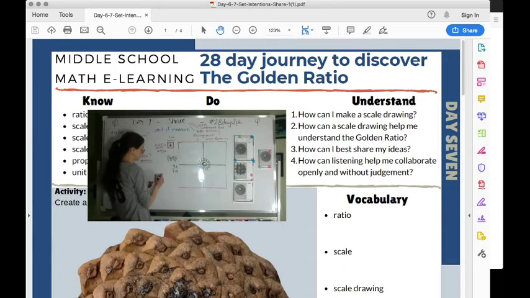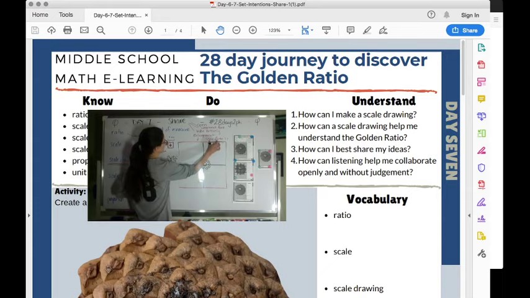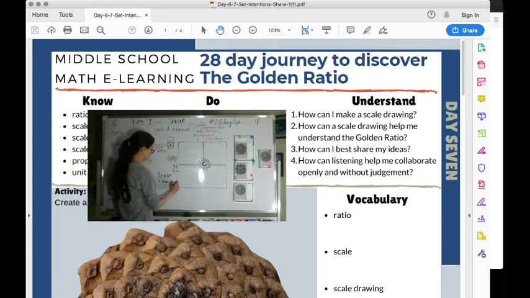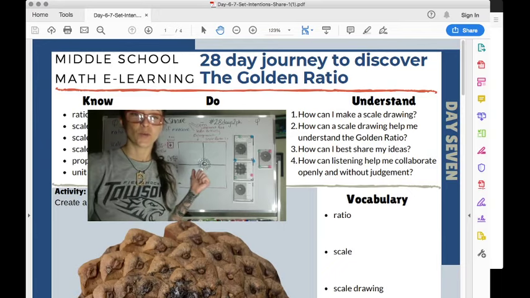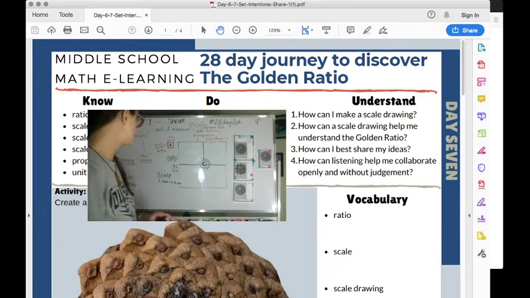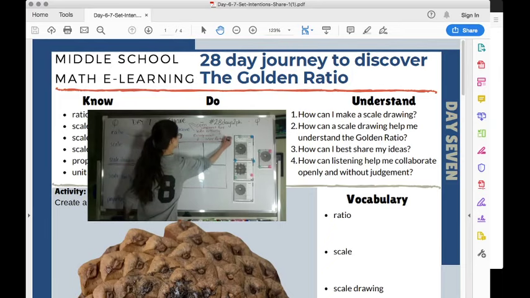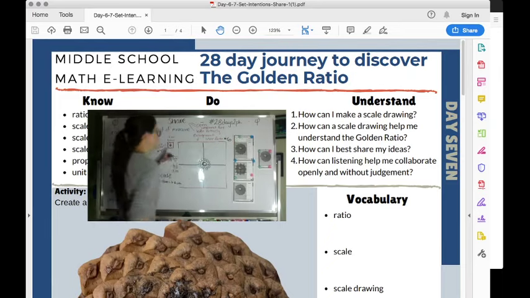So the scale here is that 1 diam equals 1, 2, 3, 4, 5, 6 diams. Okay, and in that case, we have a scale factor of 6, so that this is 6 times larger than the actual.